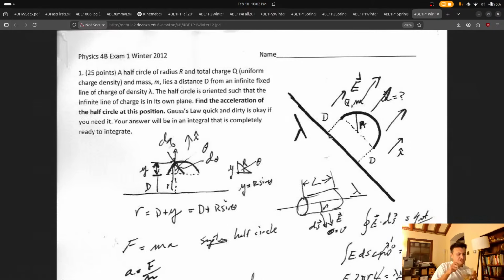Wait, find the acceleration? There's no gravity, right?